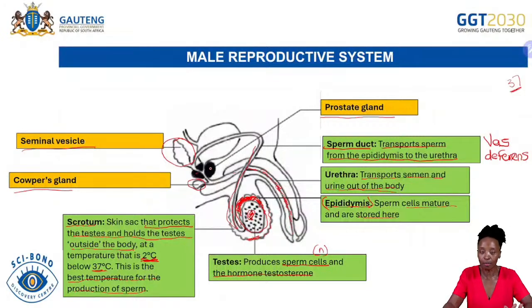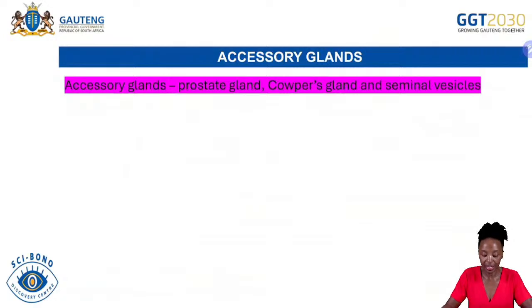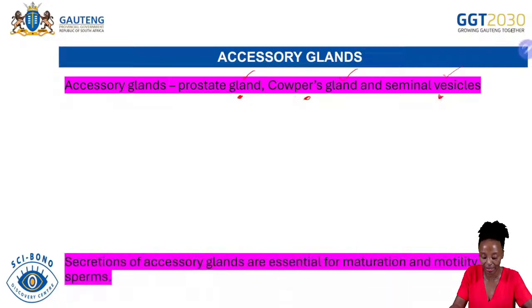So now let's look more into the function of these three accessory glands. We agree the accessory glands are the prostate, cowper's gland, and the seminal vesicles. What is it that they do? They have secretions. There's a fluid secreted by the prostate, a fluid secreted by the cowper's gland, and a fluid secreted by the seminal vesicle.